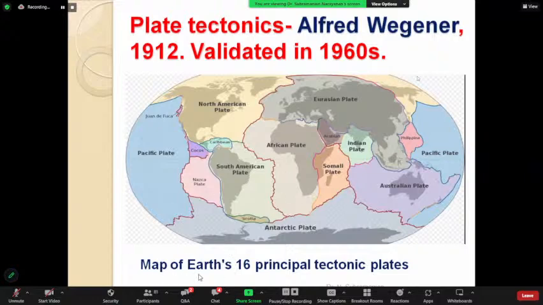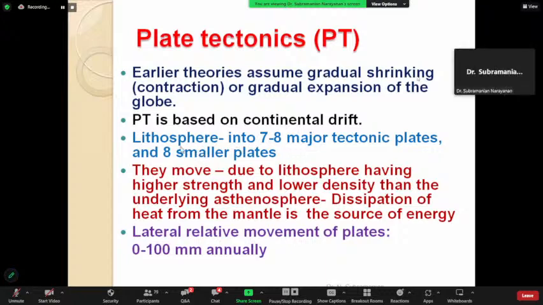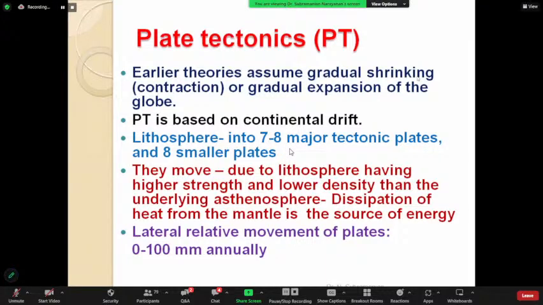According to it, the Earth has 16 principal tectonic plates. The earlier theories assumed gradual shrinking, contraction, or gradual expansion of the globe, whereas plate tectonics is based on continental drift. The lithosphere is divided into 8 major tectonic plates and other smaller plates.